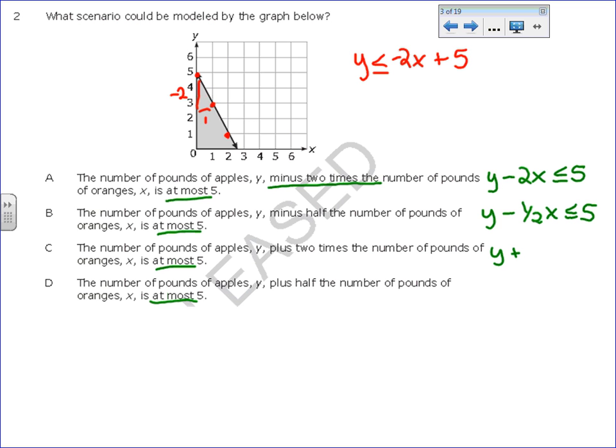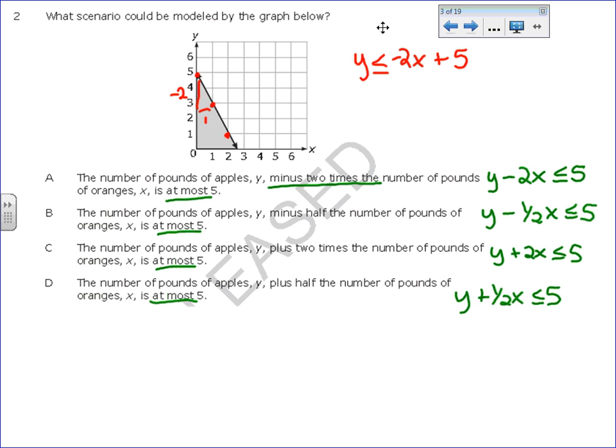This is y plus 2x less than or equal to 5. And this is y plus 1/2 x less than or equal to 5.